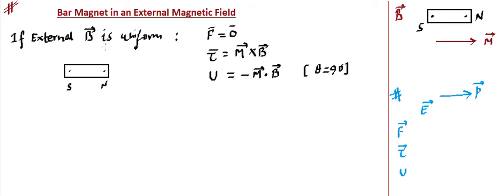Let's say the field is existing at an angle theta, like this, and it's uniform. So you'll find this is going to be the bar magnet dipole moment M, and this angle is theta. So since this angle is theta, we can do the cross product, we can do the dot product, and the cross product will give us the torque.